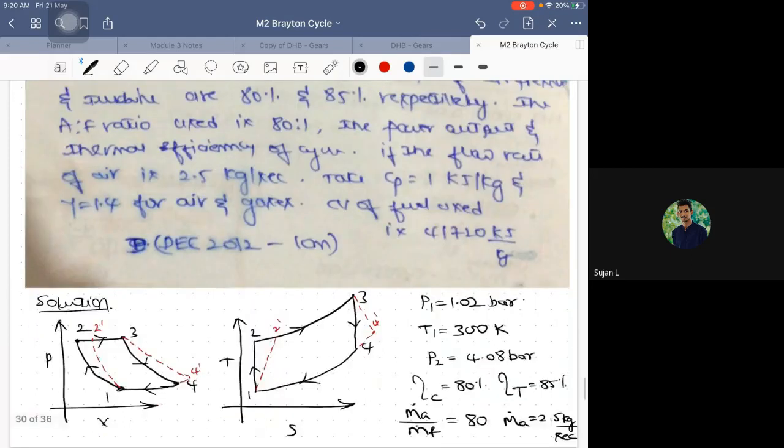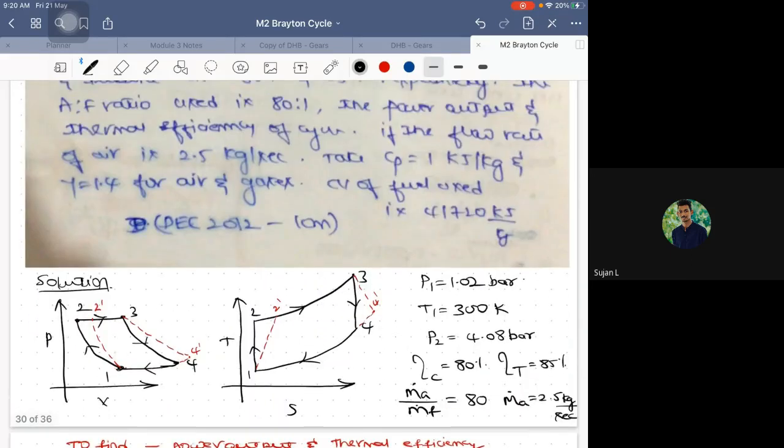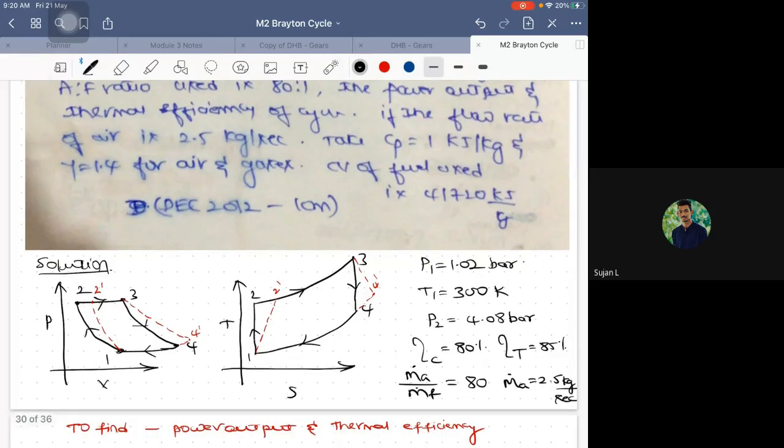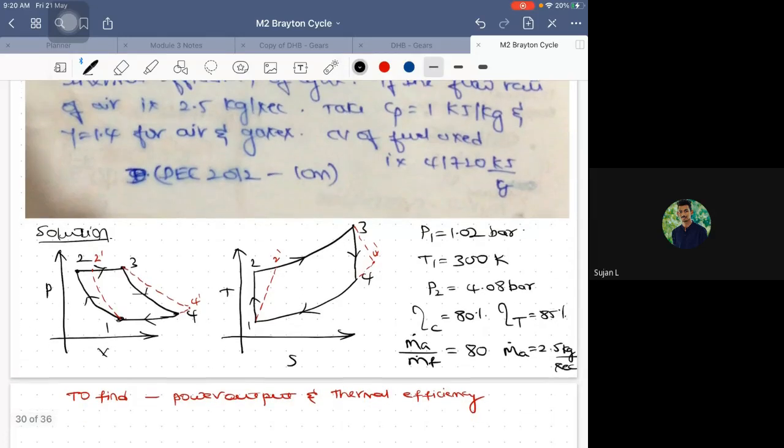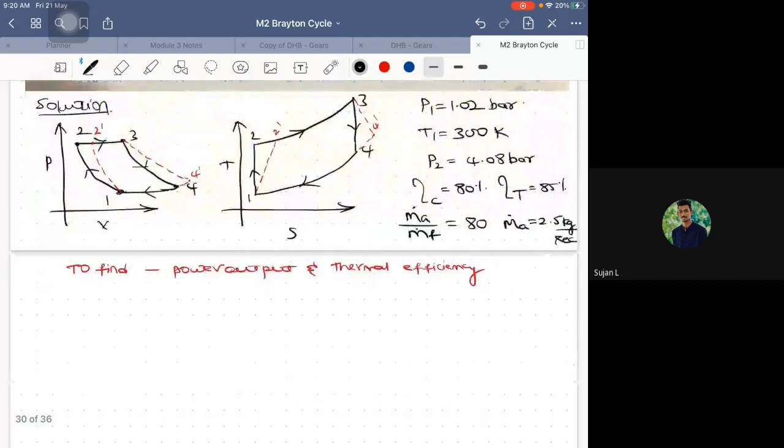So power output and thermal efficiency we need to find. What else is given? The CP value is given. The CP value is 1 kilojoule per kg Kelvin.